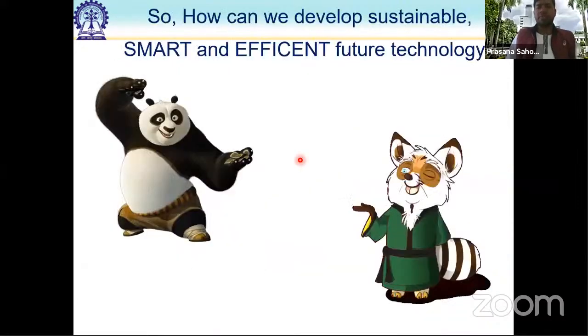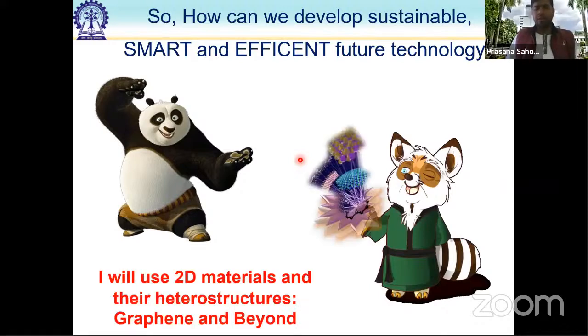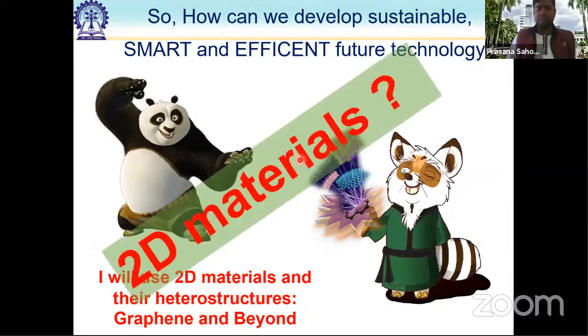So this guy is asking how we can develop a smart and efficient future technology. He's saying, I will use 2D materials and their heterostructures like graphene and beyond. In another couple of slides, I will give a brief introduction about what 2D materials are.